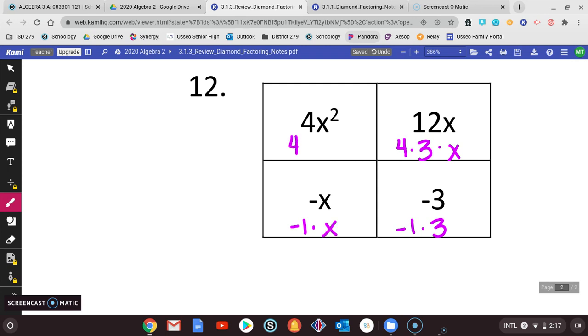I'm just going to leave this as 4 because there's already a 4, so I don't have to go smaller. Now, if you went 2 times 2, then you have to note that 4 is 2 times 2 over by the 12. So they both have a 4x. They both have a -1. Up and down now, they both have an x and they both have a 3.